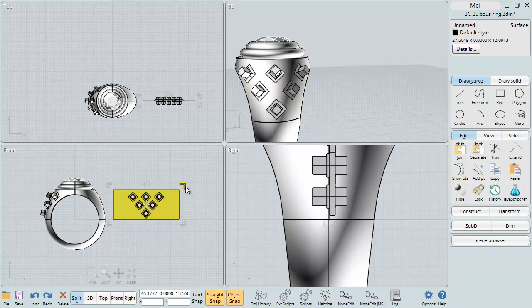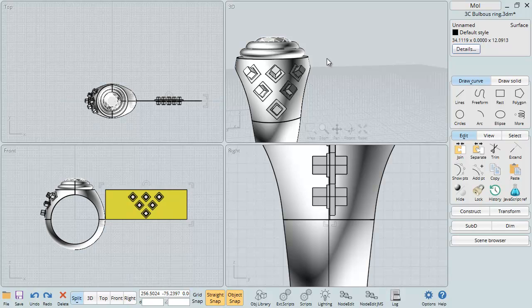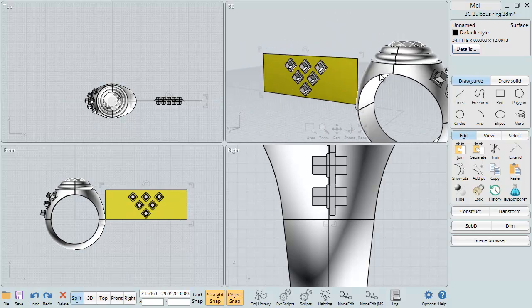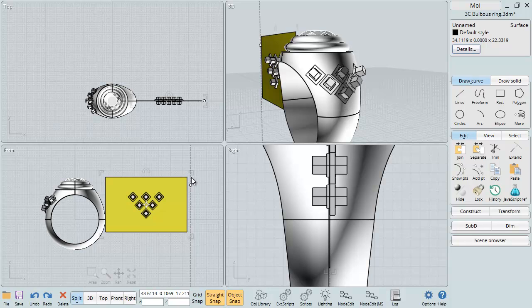Now you can kind of see what's going on when we're talking about the flow. See how if I move it like this, it's really going to crunch them down and smash them more. But basically I can get my gems placed where I wanted on my ring, right? The same thing would go the other way. If I went like this, it really crunches them down and screws everything up.